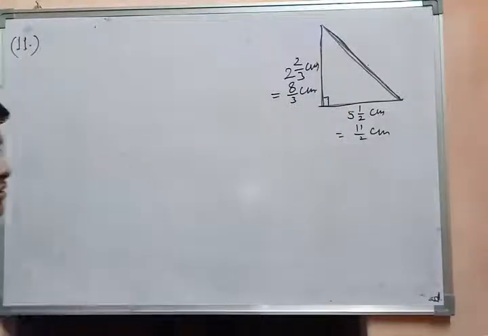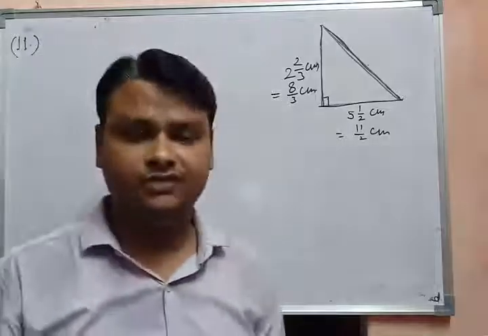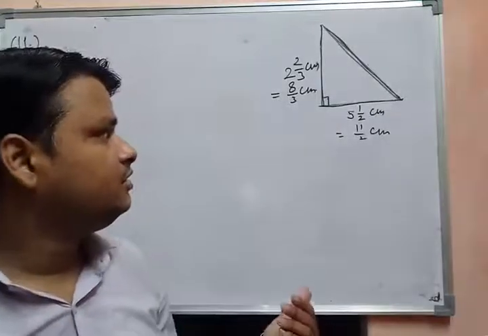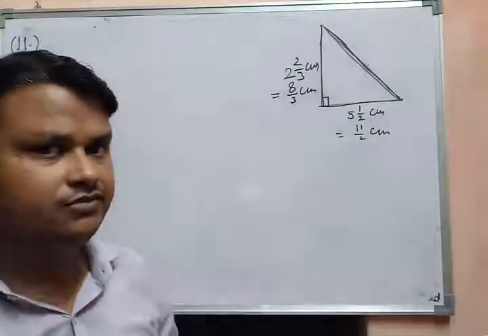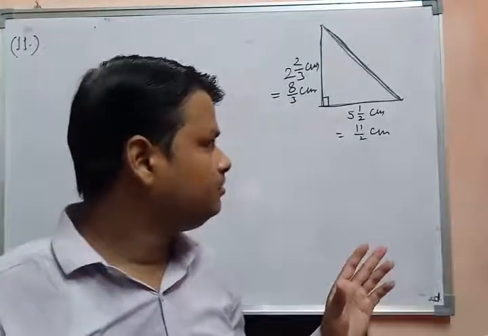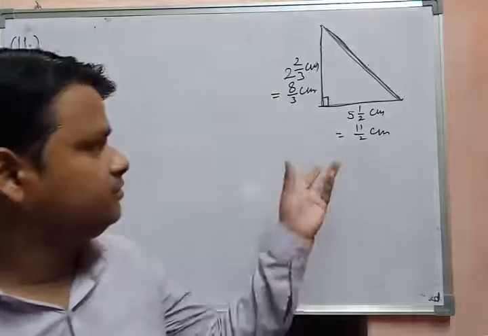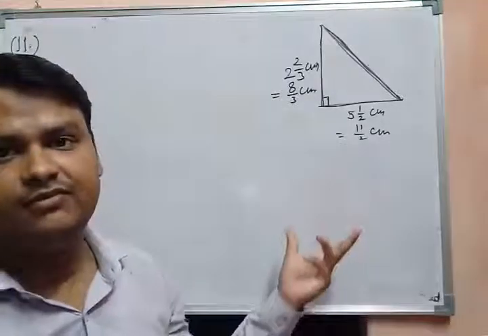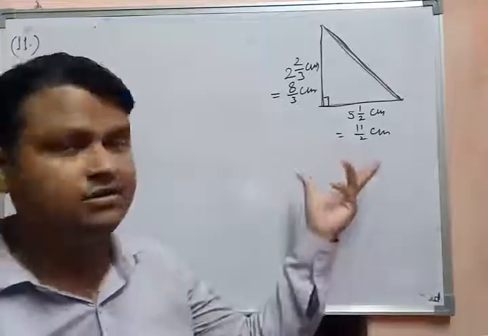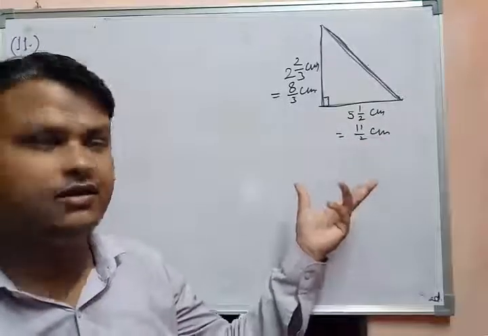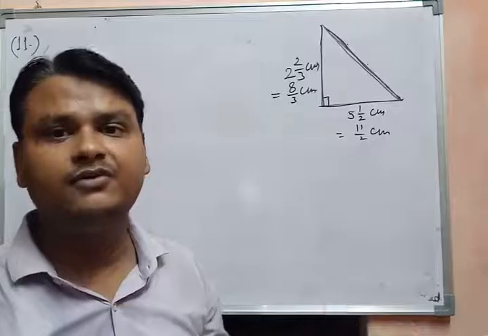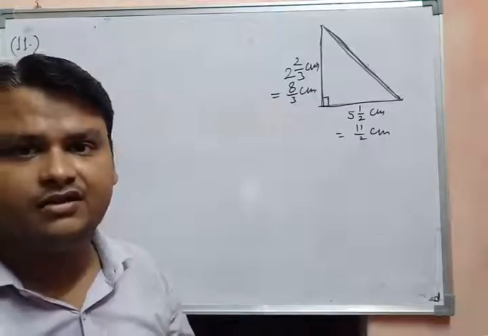So you know from the previous class, class 7, in the triangle chapter on congruence of triangles, what the formula is for the area of a right angle triangle. The area of a right angle triangle is half into base into height or altitude.